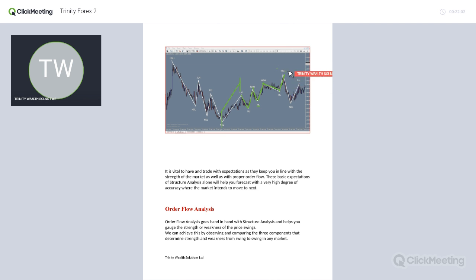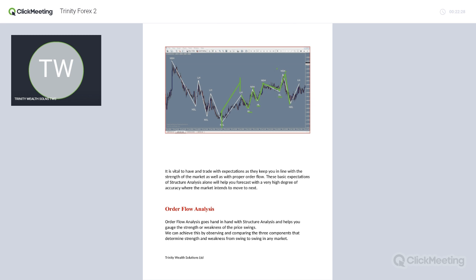Now, from this level, the market has retraced, but it has gone way below the previous higher low. So the market has formed a lower low. Because we were seeing every low was higher than the previous low, that's why we have a higher low here and another higher low here.